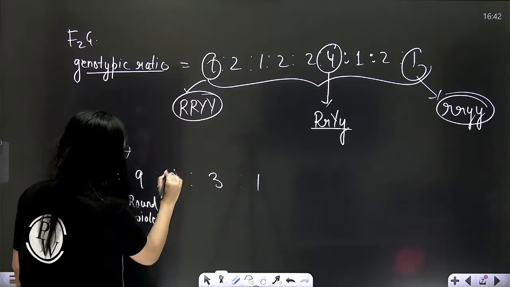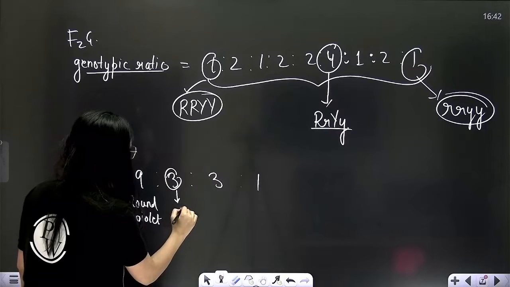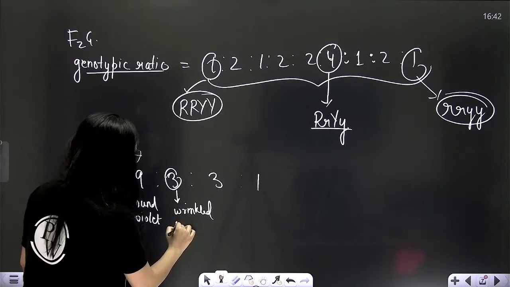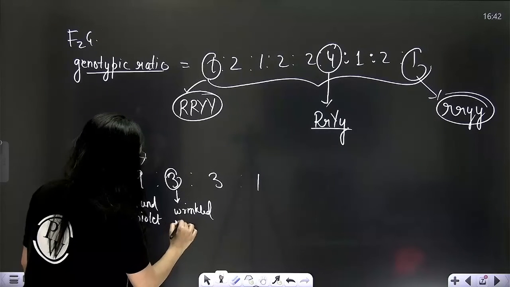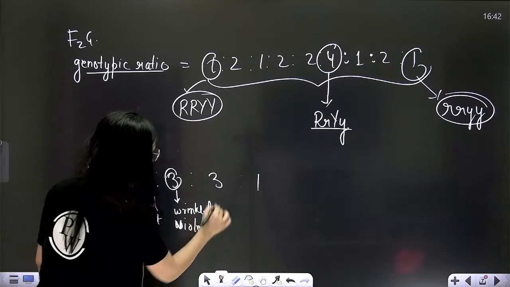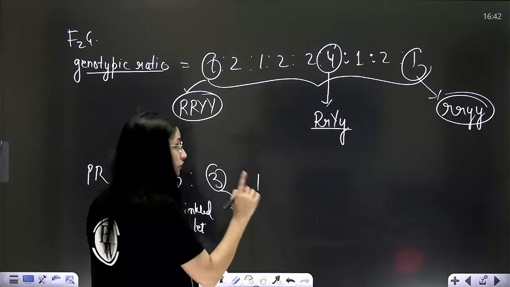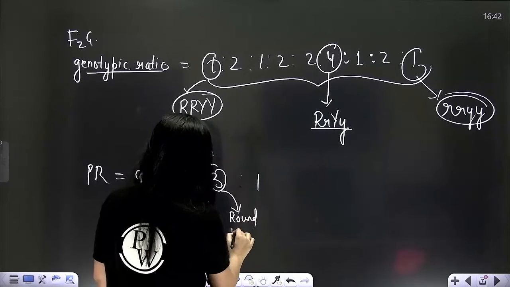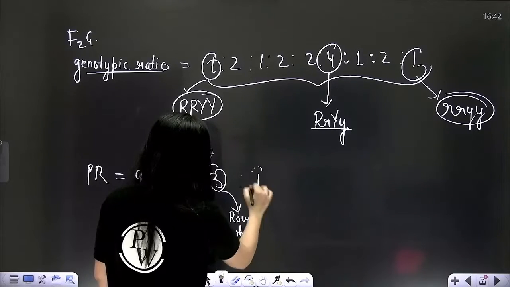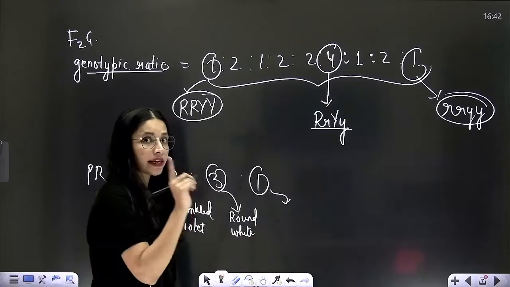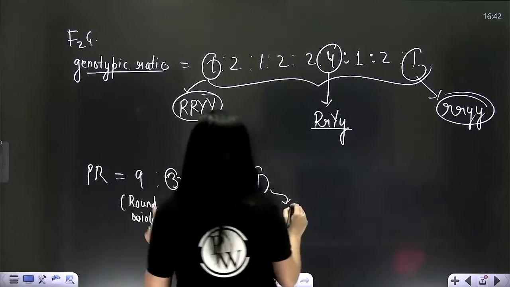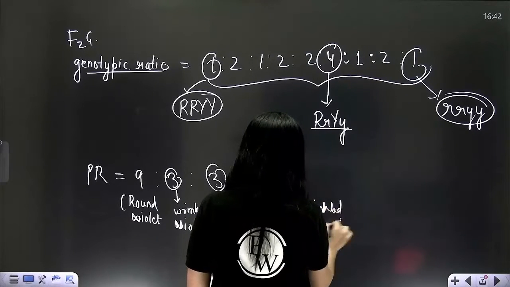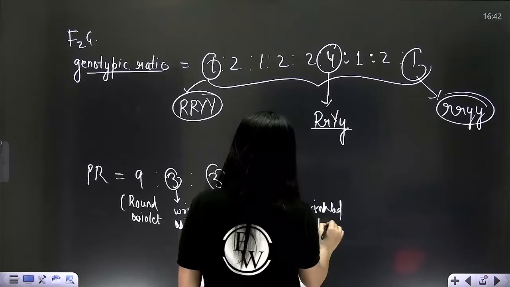Correct? 3 are wrinkled and violet. 3 are such with phenotype round and white flowers, and one offspring out of 16 will be such having wrinkled seeds with white color flowers.